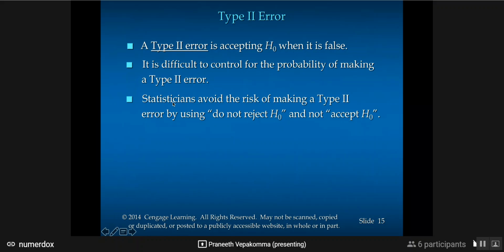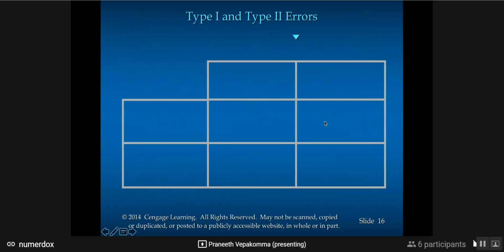Especially the type 2 is difficult to control, because you cannot reduce both. But you can keep both in some reasonable balance and check which is good enough for you to go ahead with your decision. Statisticians avoid the risk of making a type 2 error by saying do not reject H0 rather than accept it.